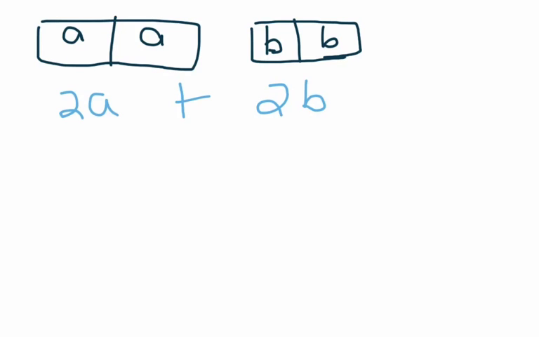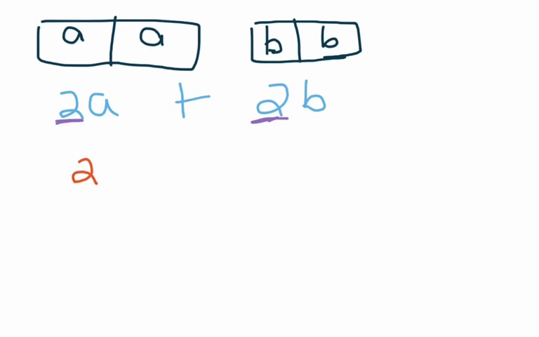Now, to use the distributive property when we have letters and numbers, we are going to look for what the common factor is. The factor is either going to be a letter or a number. In this instance, the common factor is the 2. So we're going to pull that out, and we're going to put it on the outside of the expression.